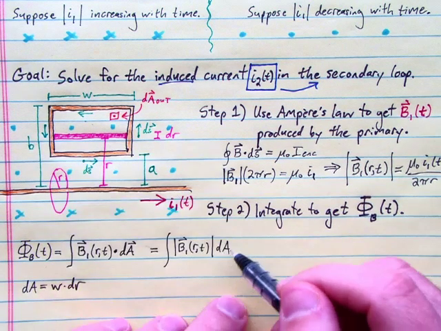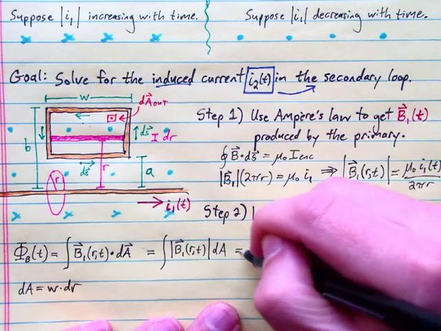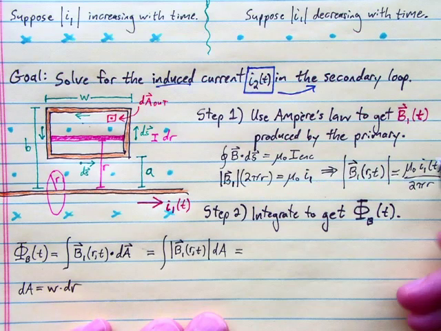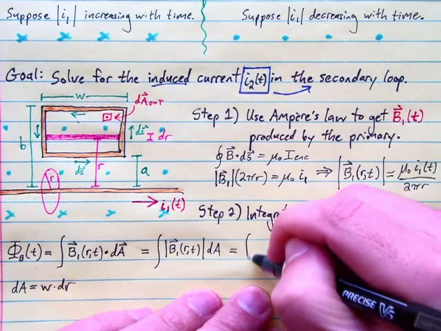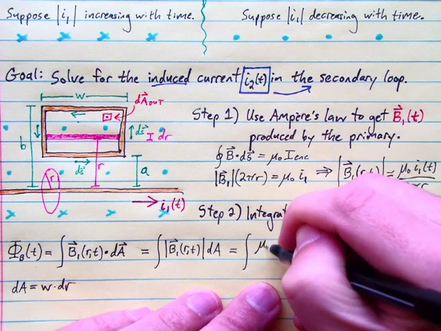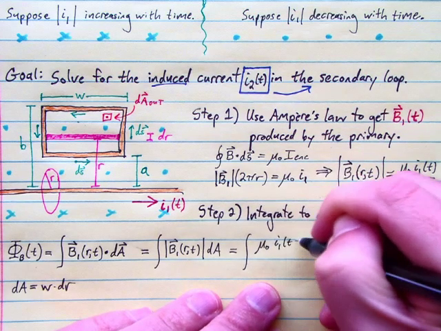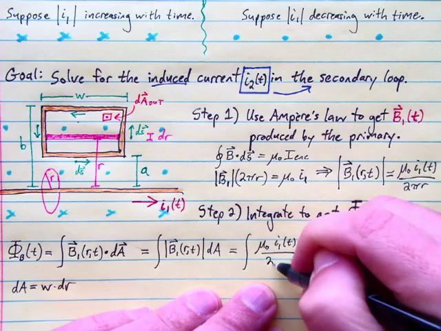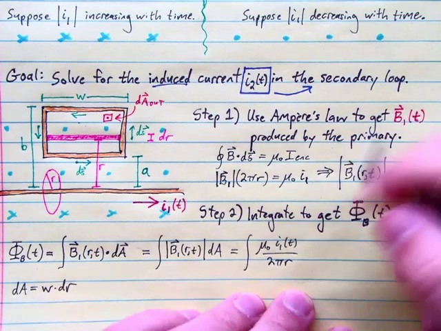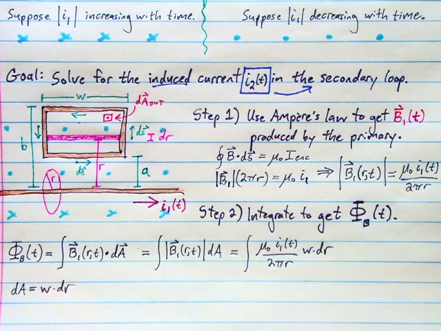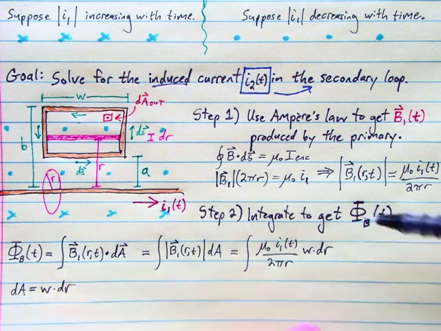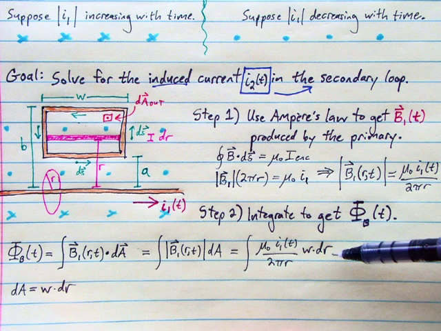So we're going to replace dA with that expression, and replace our B1 with this expression we got from Ampere's law. So this now becomes the integral of mu naught I1, which is a function of time, over 2 pi little r, and dA is W times dr. And we have now our variable of integration, our independent variable, little r.